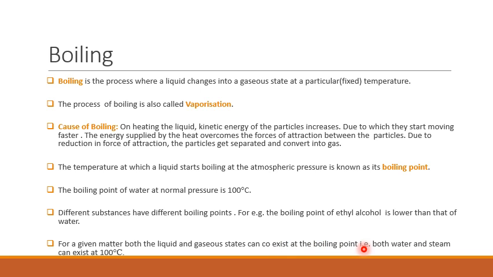Just as we have seen in case of melting, both solid and liquid states exist at their melting point. So in the same way, liquid and gaseous states can exist at the boiling point. So we can say both water and steam can exist at 100 degrees Celsius. So you must have seen when the water starts boiling, vapors are also being formed. So we have both water and steam at the same temperature, which is 100 degrees Celsius.